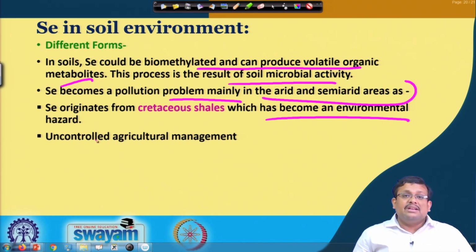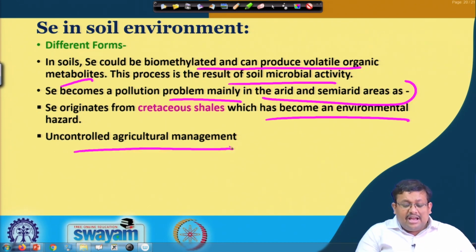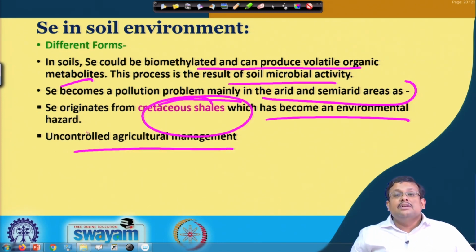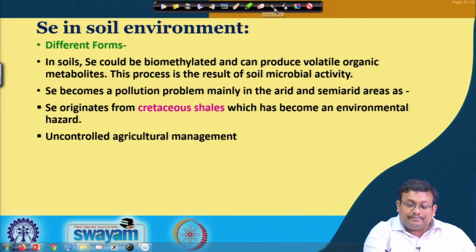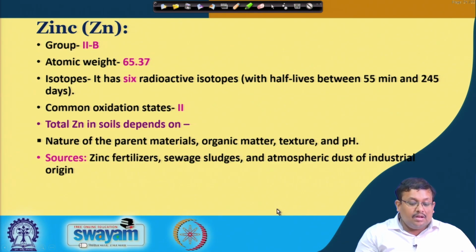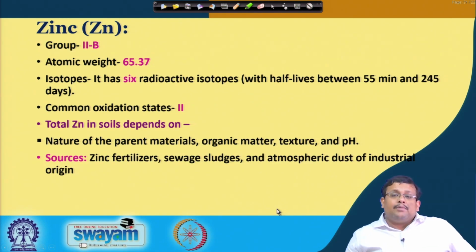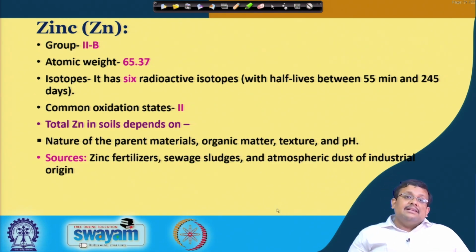So the selenium problem is more prevalent in arid and semi-arid regions, and selenium toxicity can also occur due to uncontrolled agricultural management. So, this is about selenium.